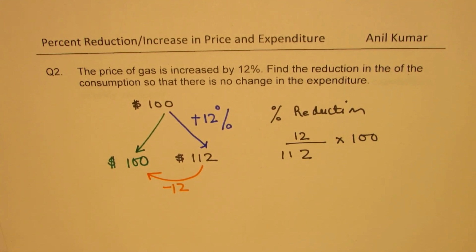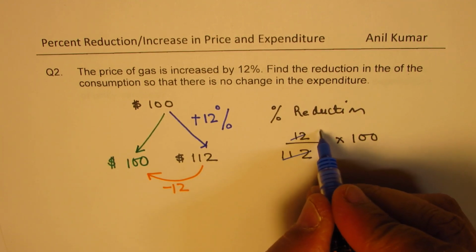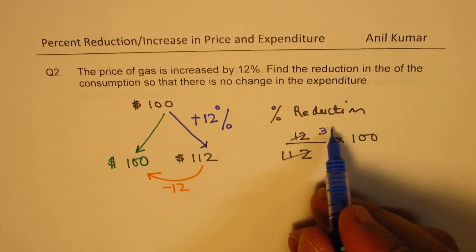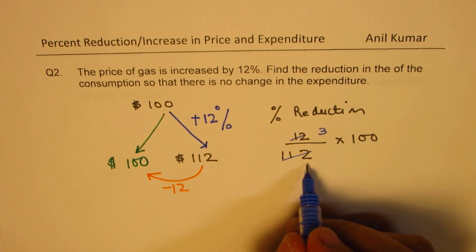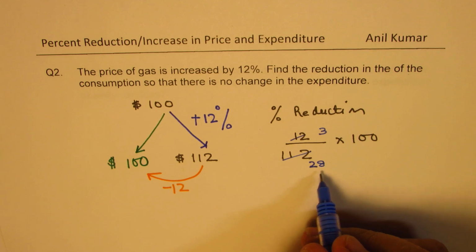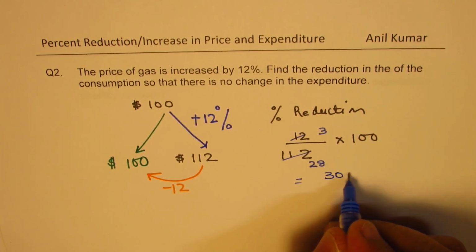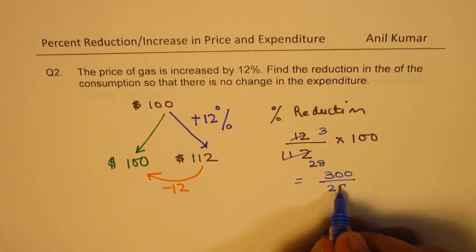So you can simplify this. So even if you try to do it without calculator, it is not that difficult, right? But calculator is better. So if I divide by 4 times 3, 4 times 2 is 8 and 28. So 3 over 28 times 100, or it is equal to 300 by 28.